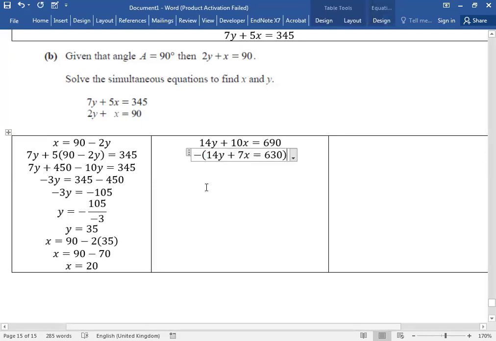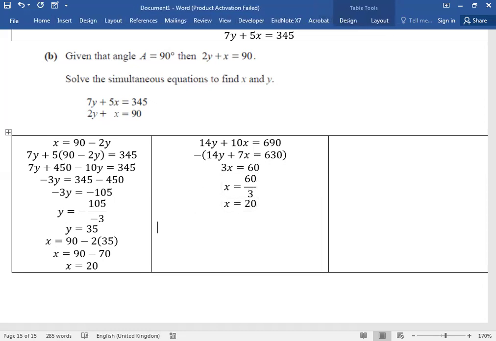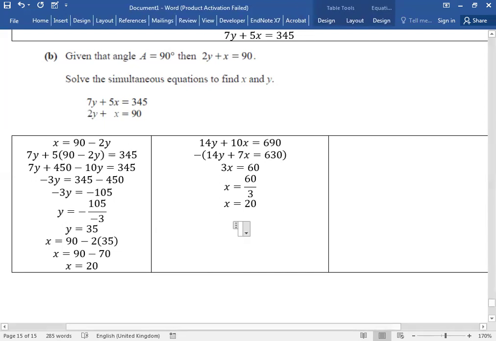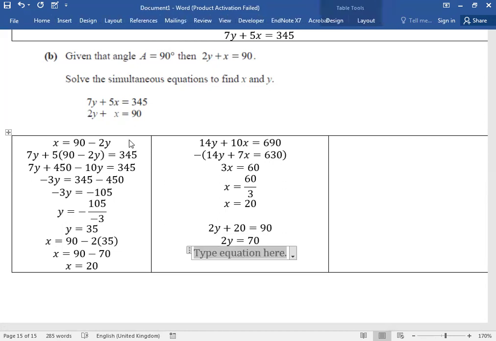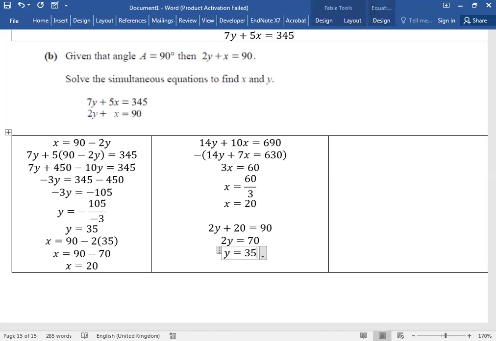Subtract करते हैं, 14y में से 14y तो cancel हो गया. 10x minus 7x is 3x, and 690 minus 630 is 60. x is 60 upon 3, so x is 20. Once you find x, then you plug it in any one, आसान वाले में डाल लो. 2y plus 20 is 90, 2y is 70, y is 35.